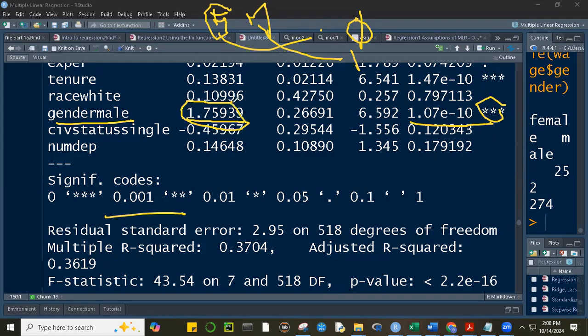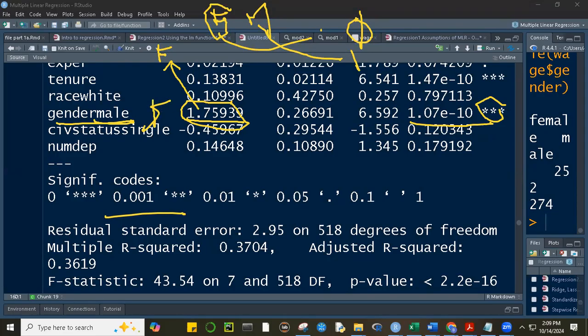Ano ibig sabihin yan? Ibig sabihin niyan, class, so how do we interpret this? This should be interpreted in relation to your benchmark. Sino yung benchmark natin? Si female. Di ba? Kasi dummy variable to, no? So how do you interpret this? How do we read this? On the average, male employees receive $1.76. Take note, this is dollars, no?